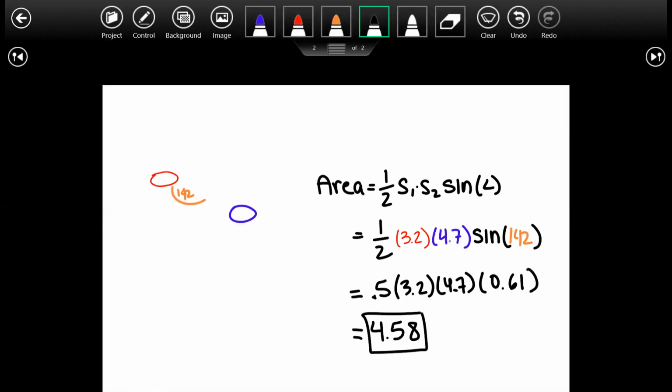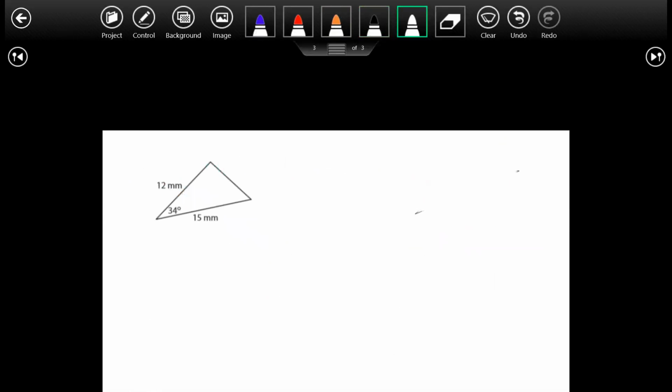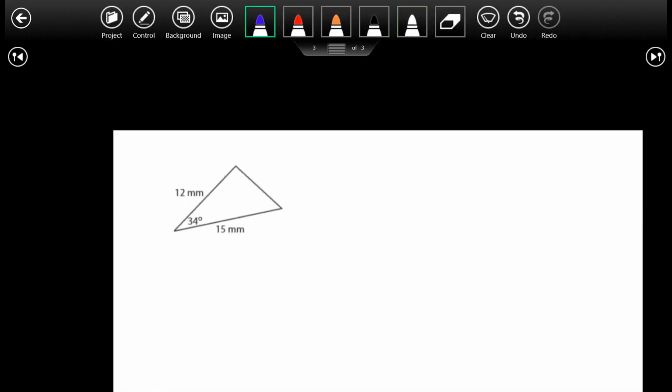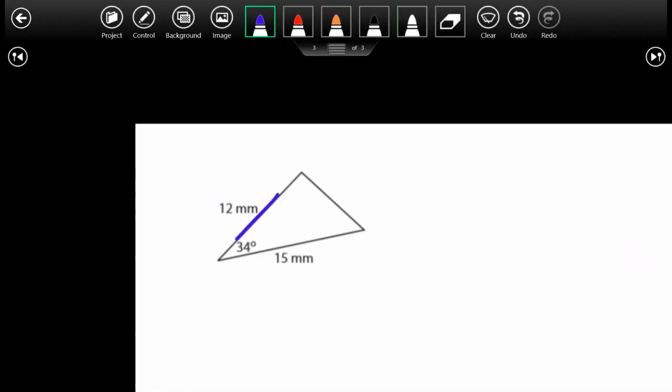One to your left. Think about how the angles are structured. In this case, we're going to look at this angle that is formed here.